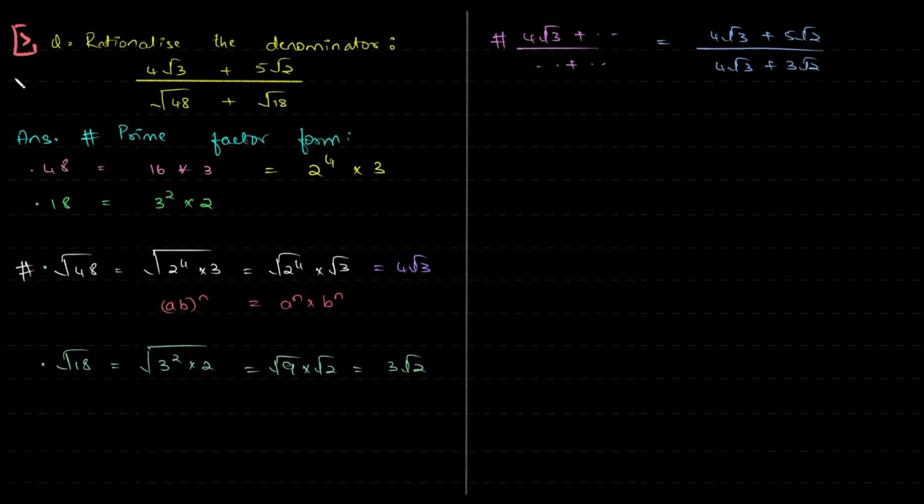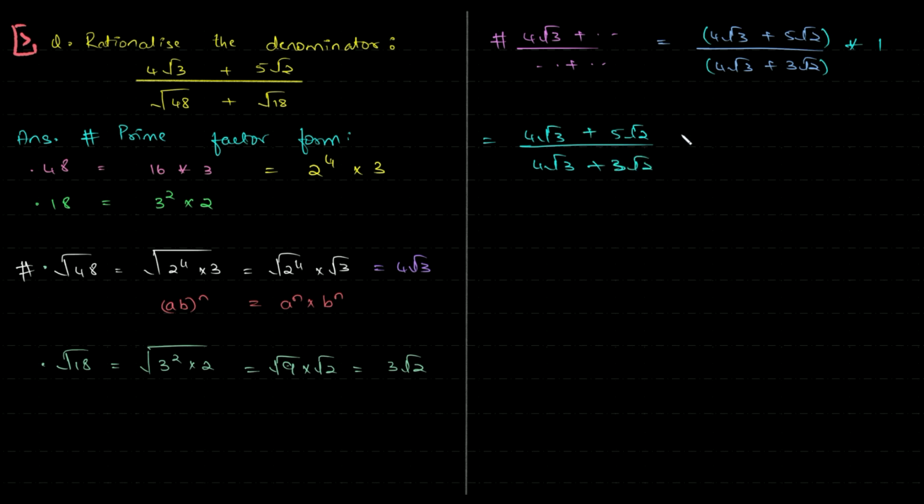Okay, and now what do we have to do? We can multiply the numerator and the denominator with 1. Agree? And 1 in turn can be written as any expression wherein the numerator and the denominator are one and the same.